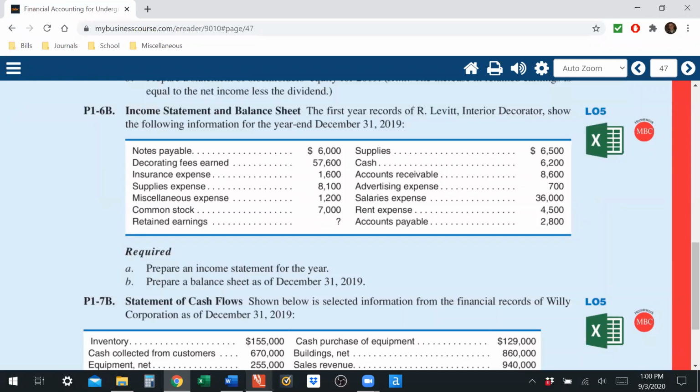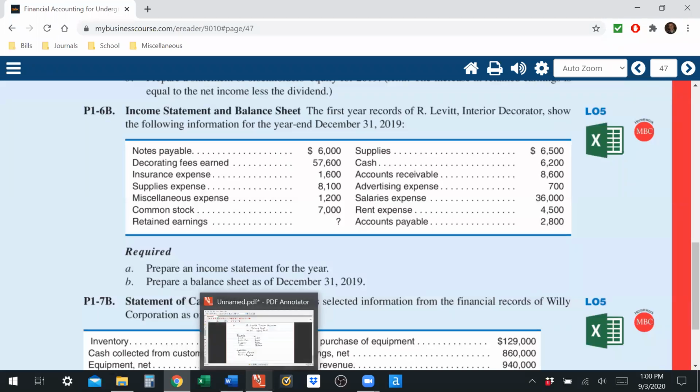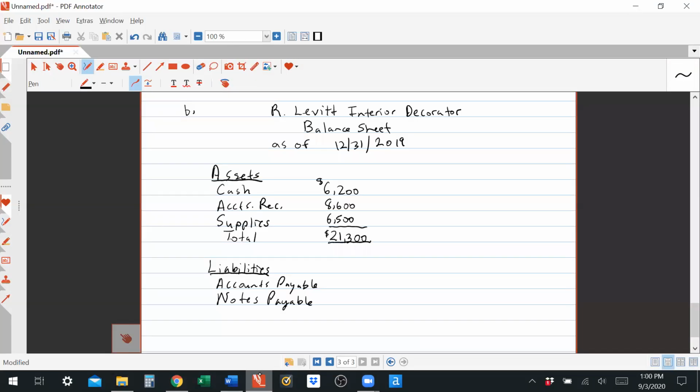Mortgage payable also is money we owe the bank for taking out a loan. They're different though, notes payable versus a mortgage payable. Mortgage payable is where you took out the loan and you bought some asset, like a building or something. And notes payable is you took out the loan and you used the money for something else. The wording is different. 6,000 and 2,800.